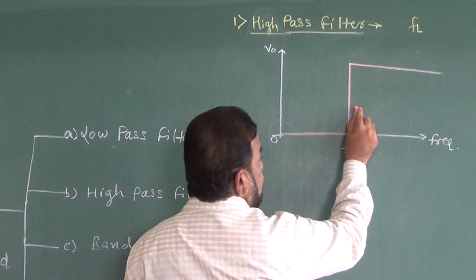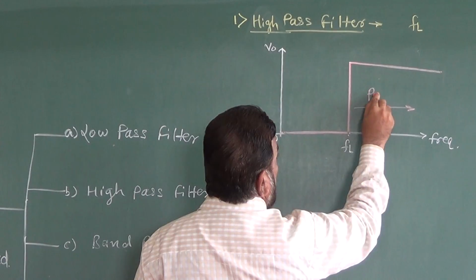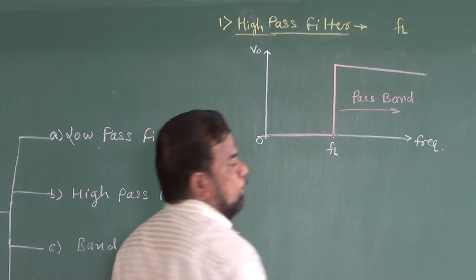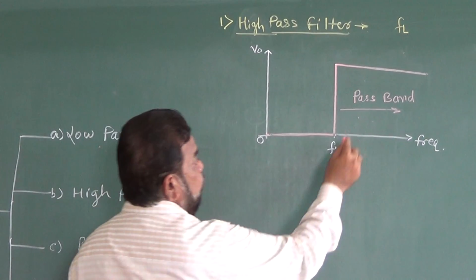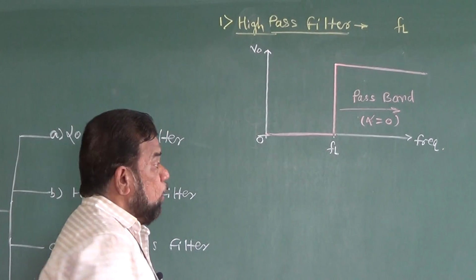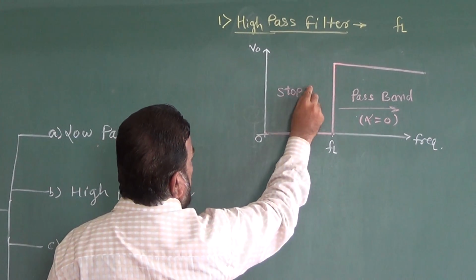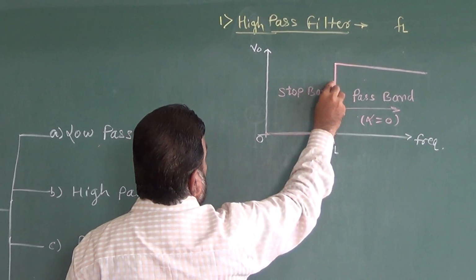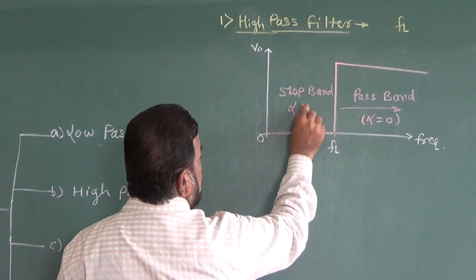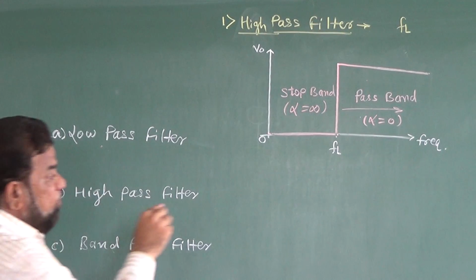So that's why all the frequency components in this band fall under the pass band. And ideally for pass band, alpha is equal to 0. Whereas between 0 and FL, there is a stop band, the rejection or attenuation band, corresponding to which alpha is equal to infinity. And what is FL?